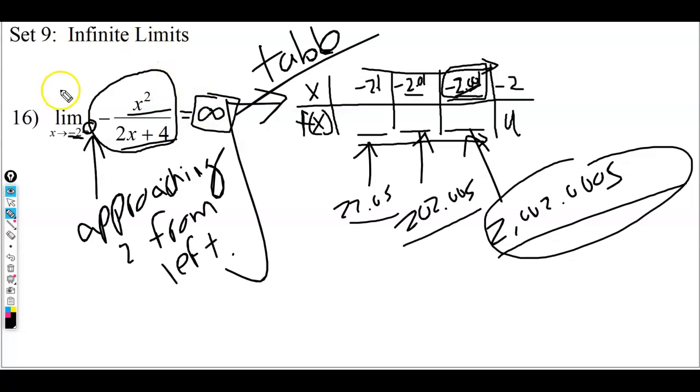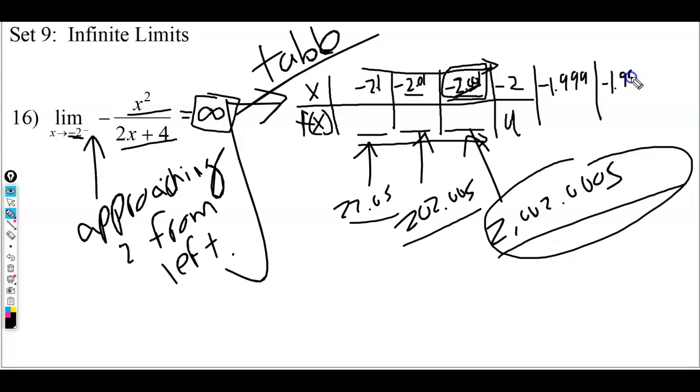Now, what's another thing though that you guys might want to be aware of for this problem? The other thing you might want to be aware of is what if it wasn't a minus? What if it was a plus? Well, in that case, you'd plug in numbers that are to the right of it, like -1.999, or numbers like -1.99. And basically the way I do this is on the left side, I always take this number here and I subtract 0.001, and that gives me this.